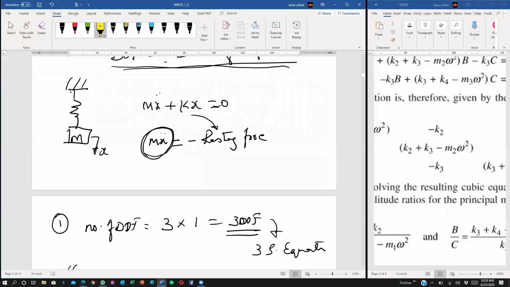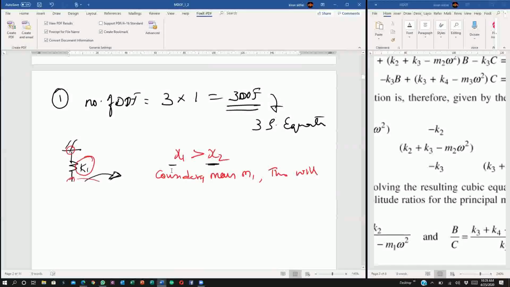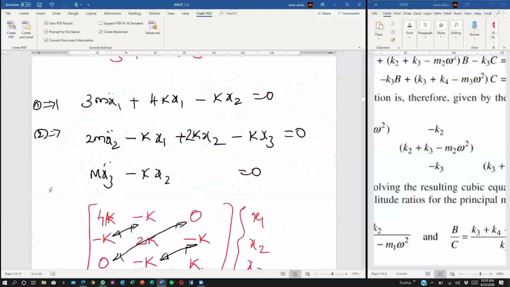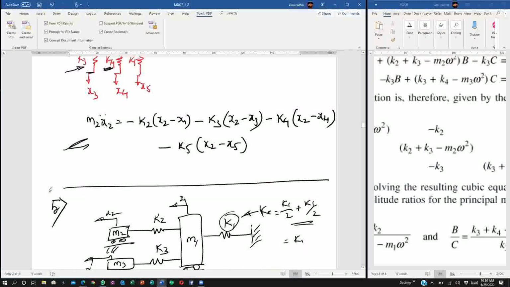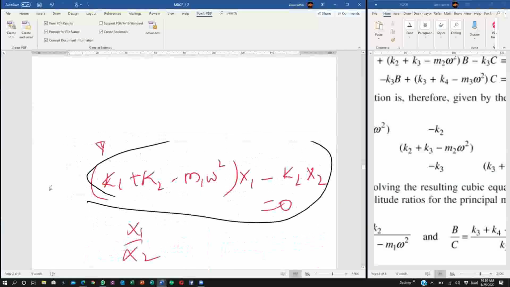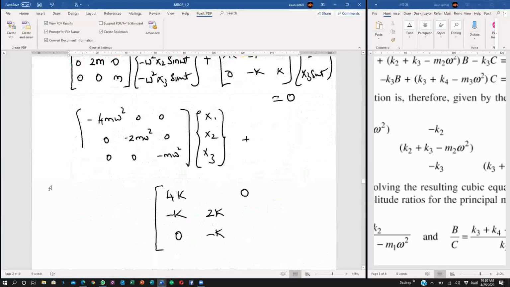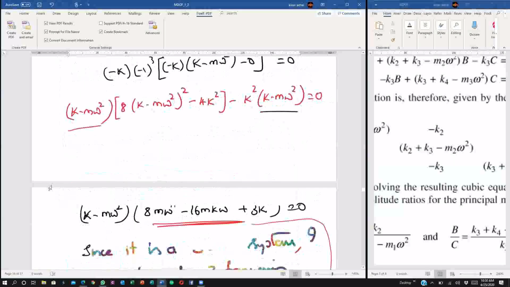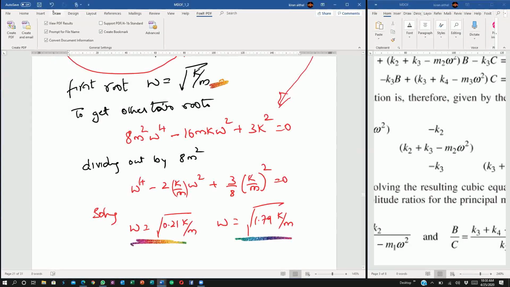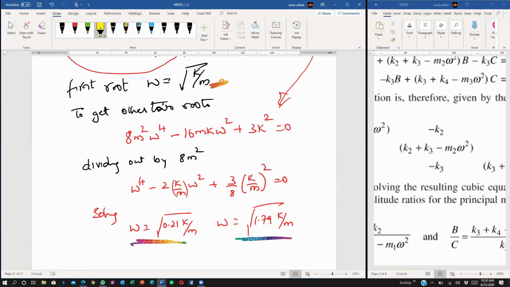Now let's come back. If I take all the ones here, I have got this one, this one, and this one.